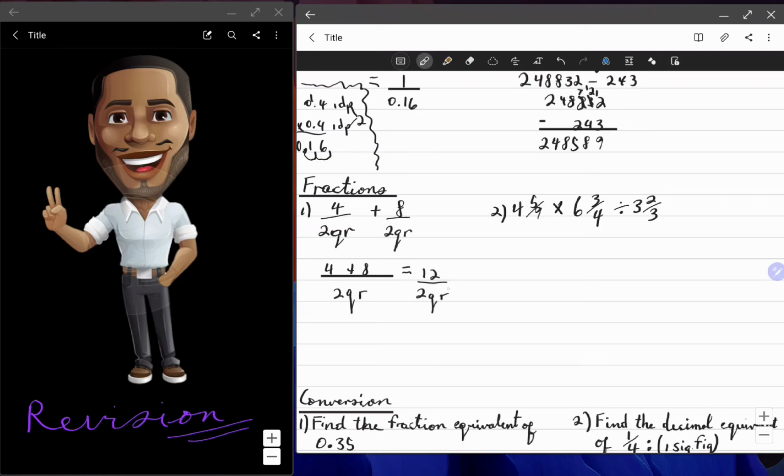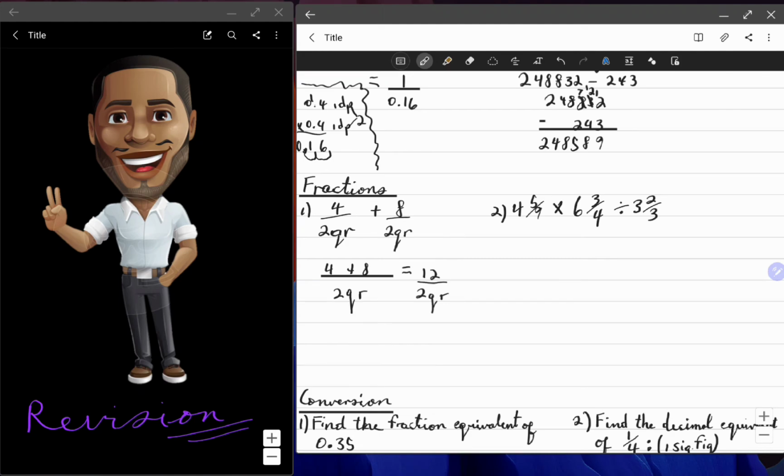Very easy, very simple. So next, let us move on to our second question, which is 4 and 5 over 9 times 6 and 3 over 4 divided by 3 and 2 over 3.